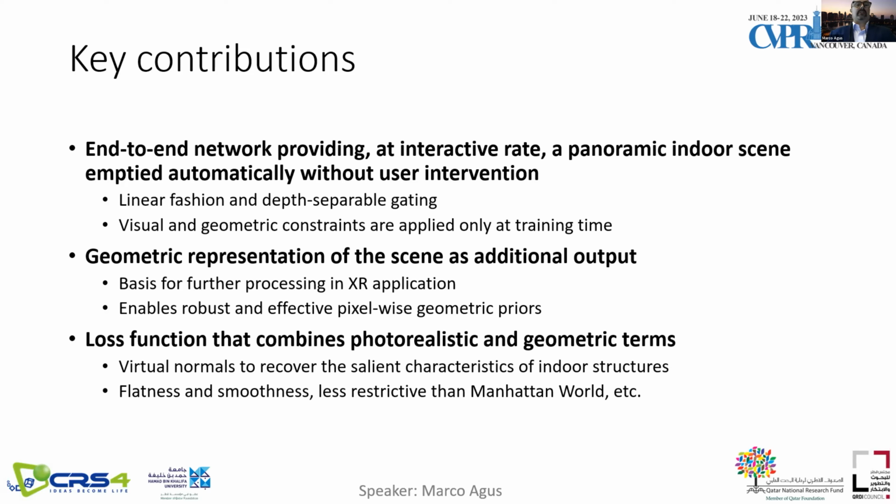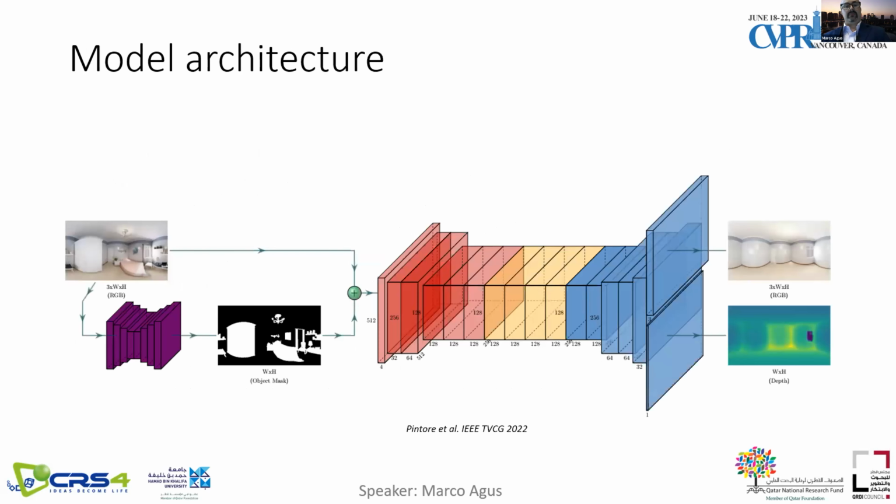In general, we use virtual normals to recover the salient characteristics of indoor structures. And we can also enforce flatness and smoothness, again priors that are less restrictive than Manhattan world, like the Atlanta world that we saw before.